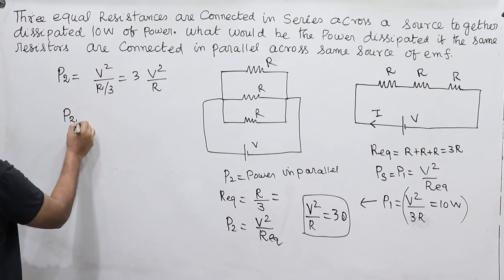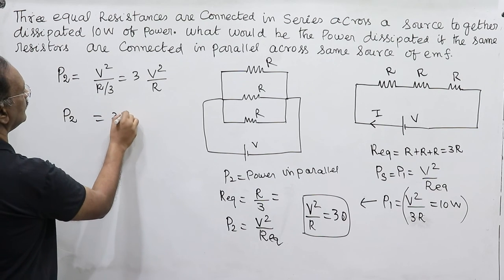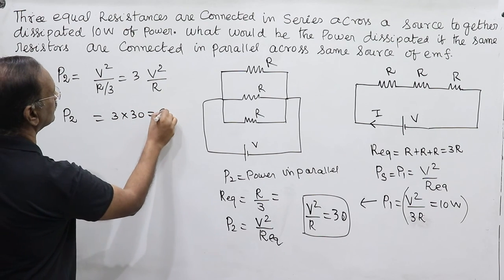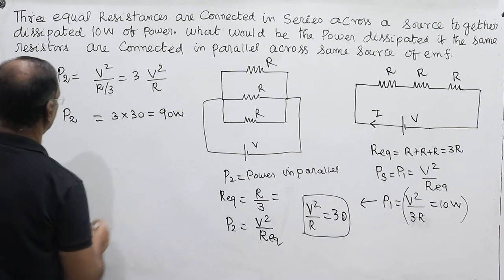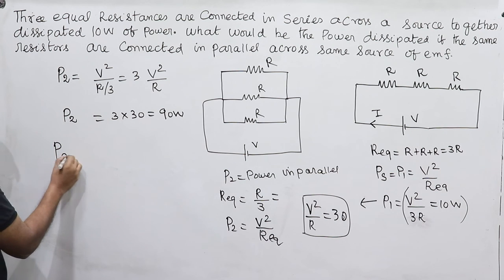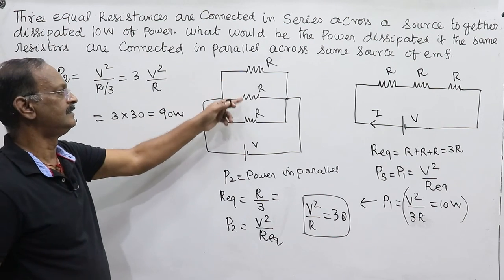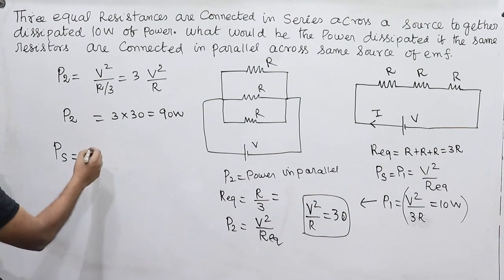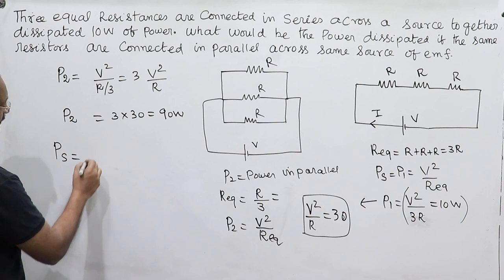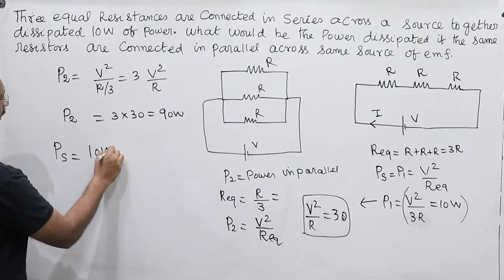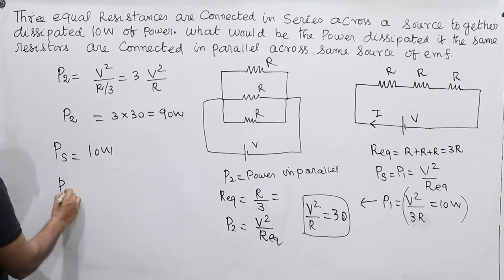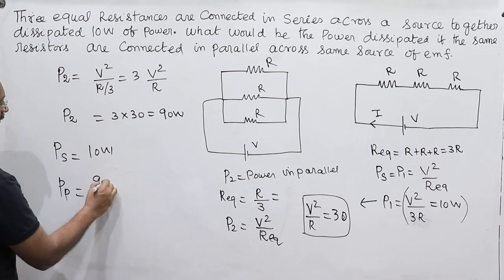Power in parallel is equal to 3 into 30, which is 90 watt. So when these three resistors are connected in series, the power delivered is 10 watt, and when they are connected in parallel, it gives 90 watt.